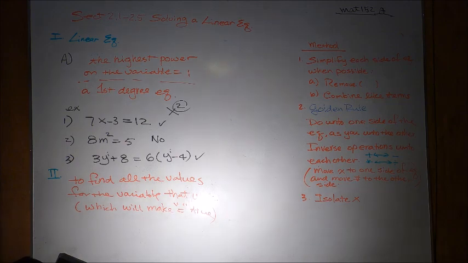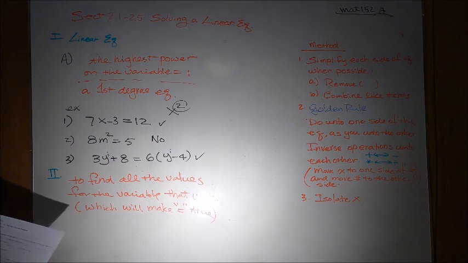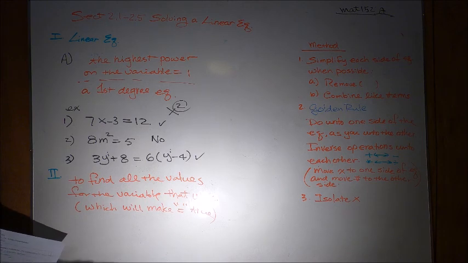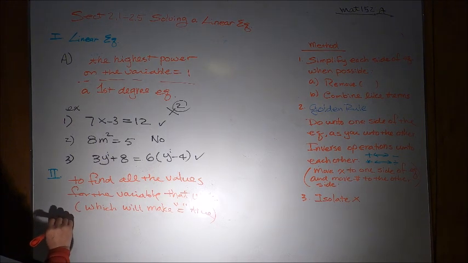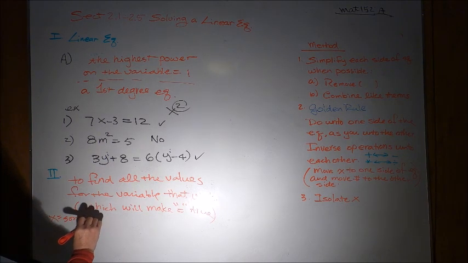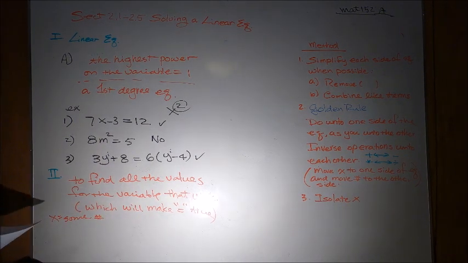It has to be correct. So if we find the answers, that means x equals something. Then we find the answer. That means we want to get x equals some number.